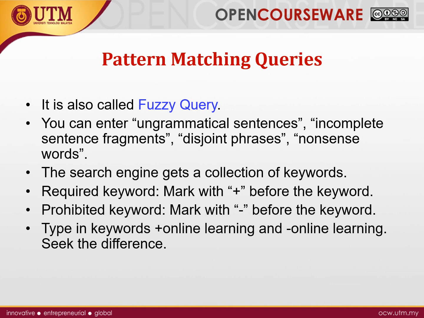While on the other hand, if you search using minus online learning, it's considered a prohibited keyword. It will not give you any results about online learning. So the fuzzy query or the matching query actually helps you a lot to get what you need, even if you type incorrectly or with ungrammatical sentences.